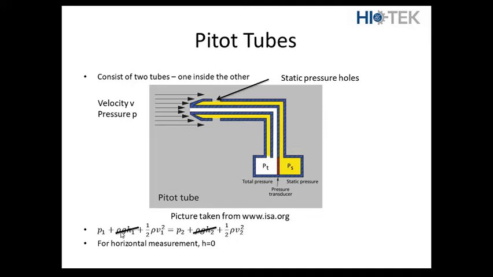We'll say P1 plus rho g h, but we're not changing altitude. We're at constant height, so make that 0, plus half rho V squared on the left-hand side of the equation, equal to that on the right-hand side.